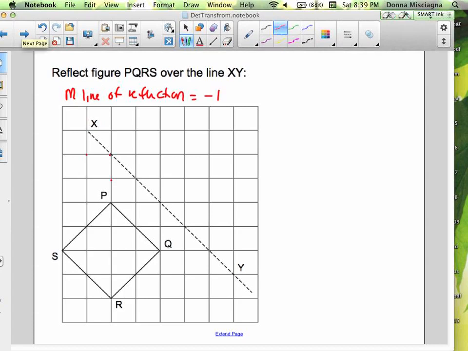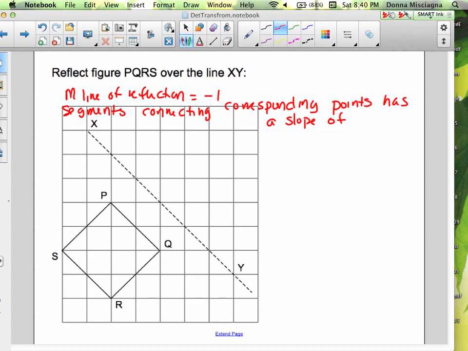So it's a slope of -1. Right, so that means that the segments connecting the corresponding points, and you know I'm talking about between the image and the pre-image, have a slope of 1, right? Because they're perpendicular.